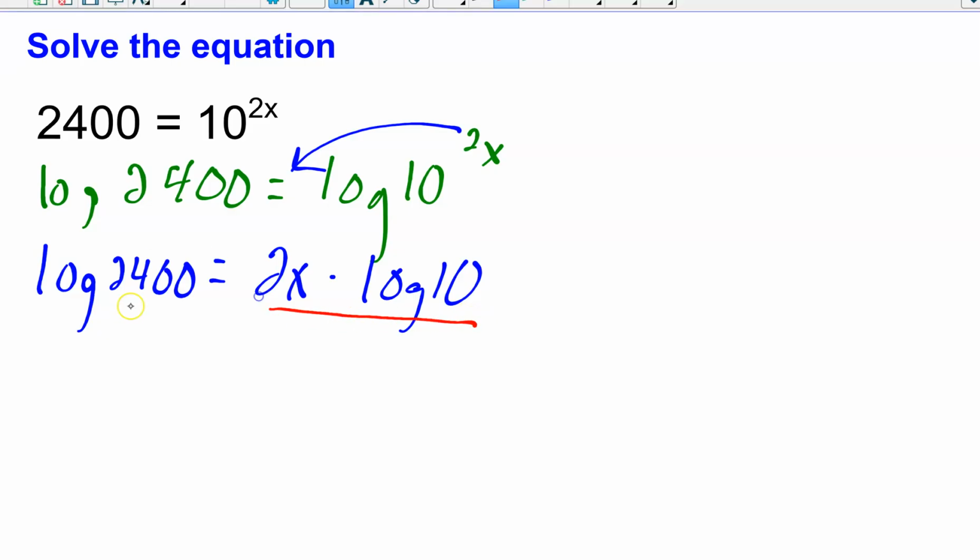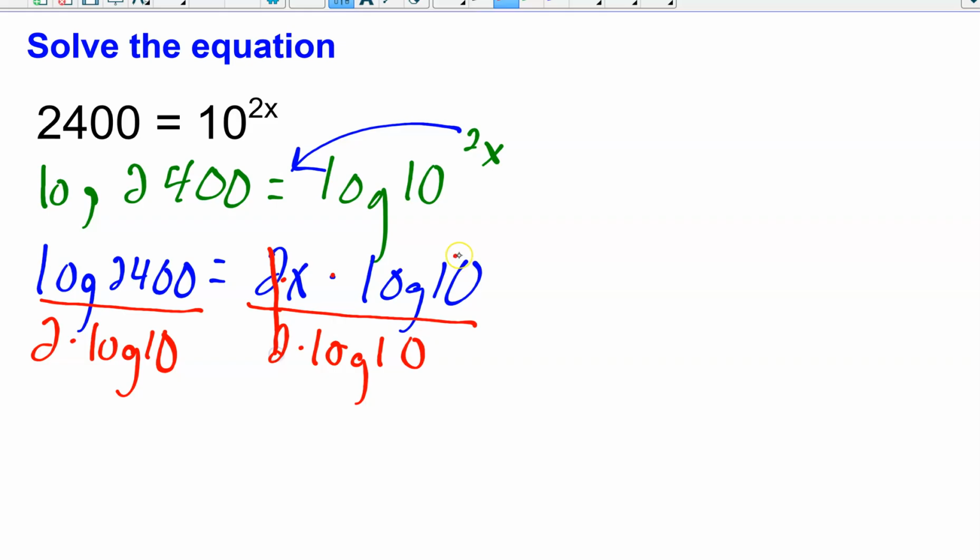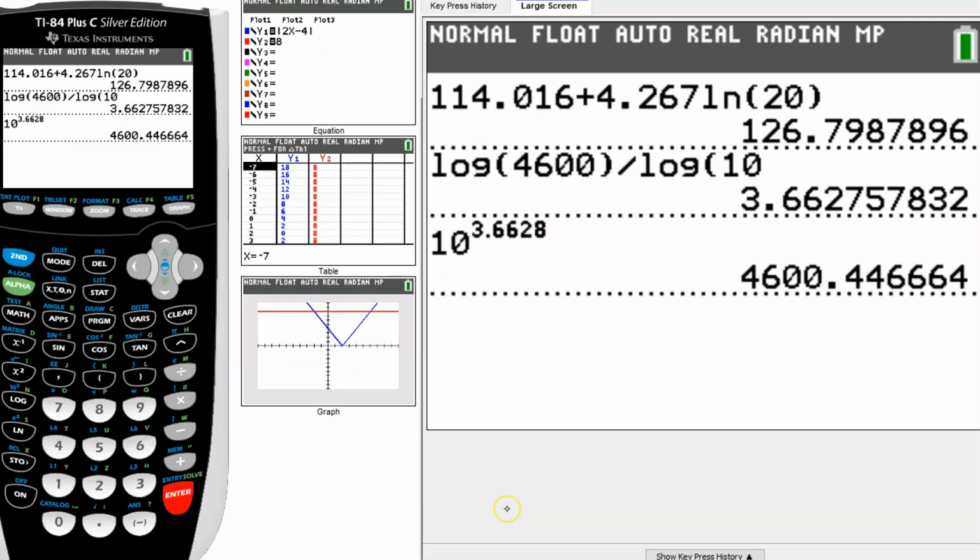If you didn't know that, how do you get the x by itself? They multiplied both of these, so I could divide by the 2 times the log of 10. And then the 2's are gone, and the logs of 10 are gone. And then I'm going to put that in my calculator.